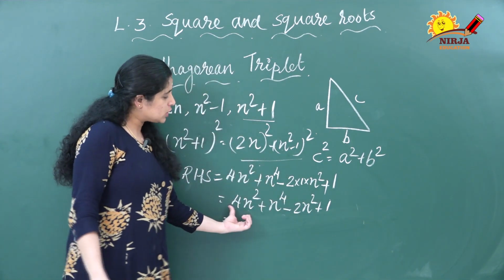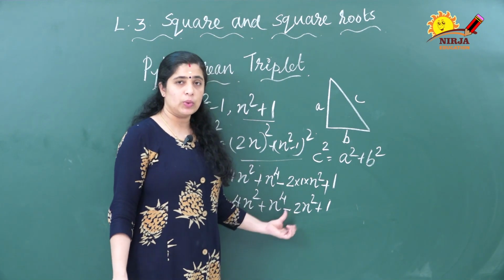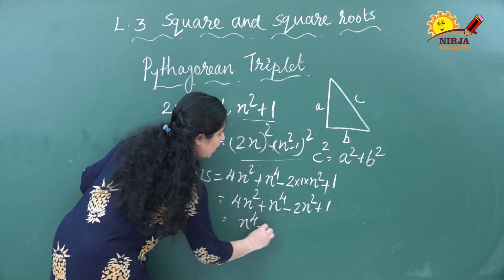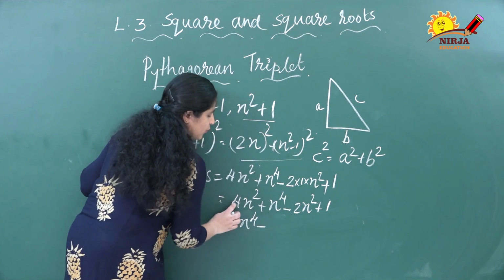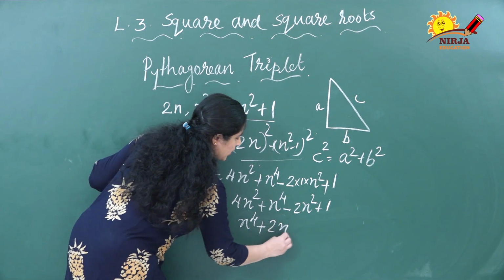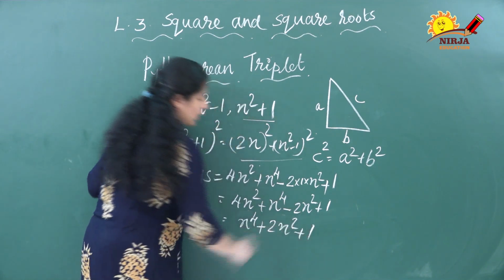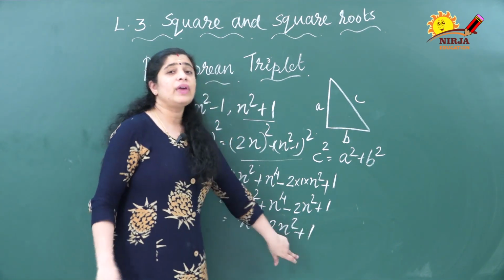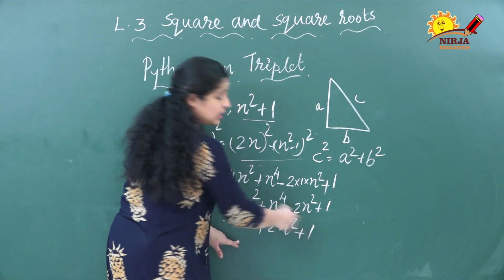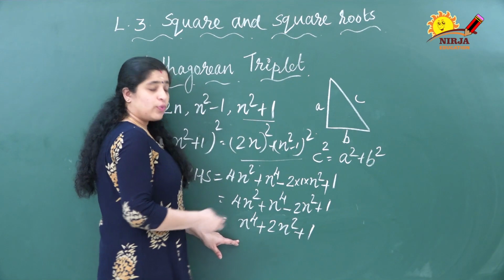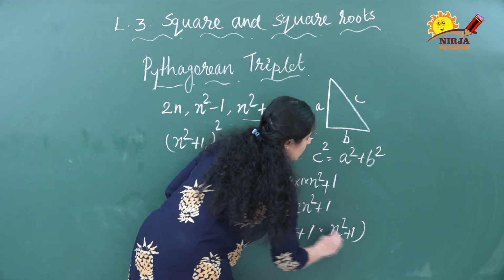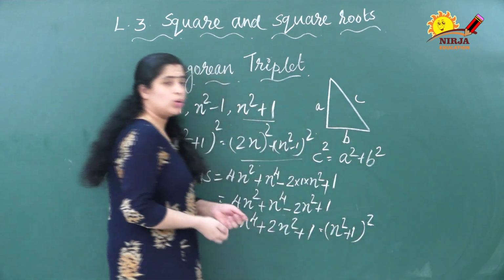So here we have 4n square and minus 2n square. You can do the subtraction, then you will get n raised to 4 plus 2n square plus 1. This is in the form of (a plus b) whole square. Here a is n square and b is 1. So you will get (n square plus 1) whole square.